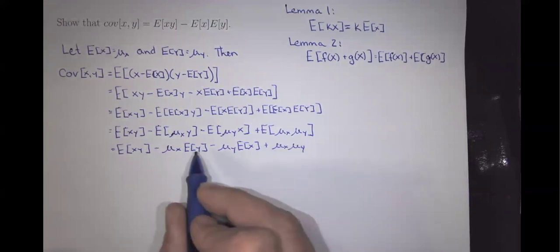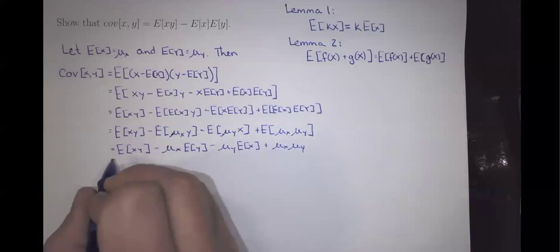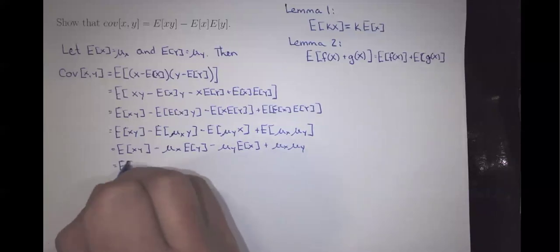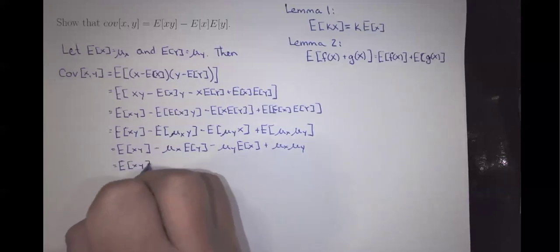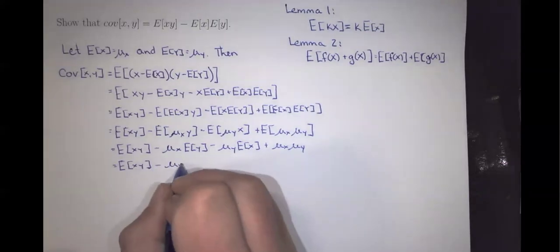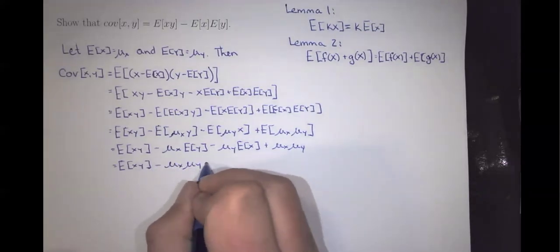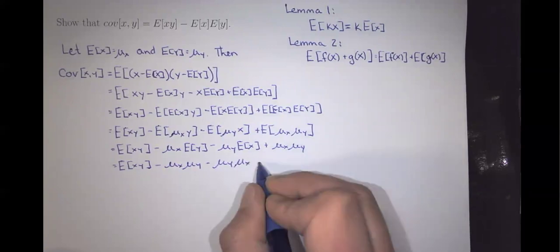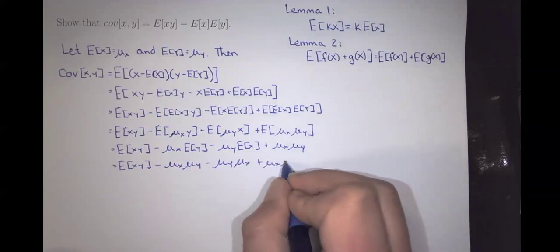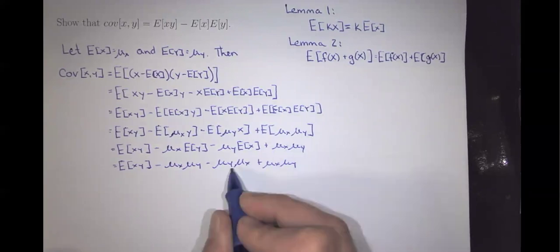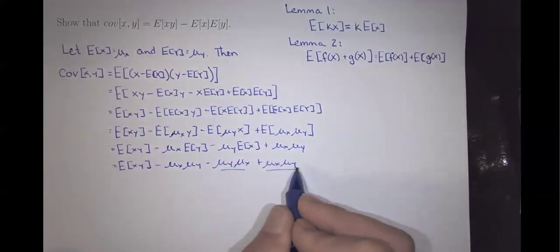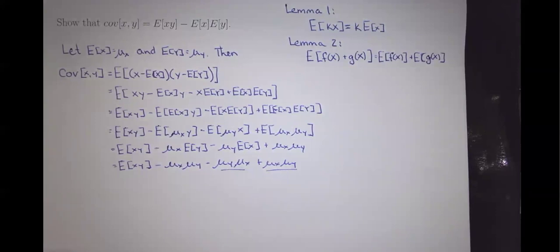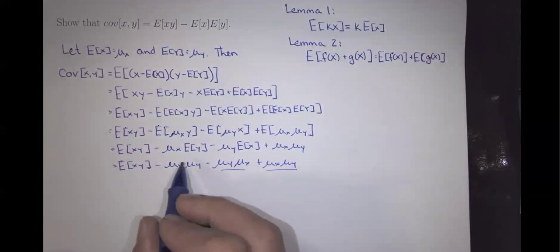And of course, we can change this expected value of y to mu y, this one to mu x. So this is the expected value of xy minus mu x mu y minus mu y mu x plus mu x mu y. And these two cancel each other out, or any of those cancel each other out really.